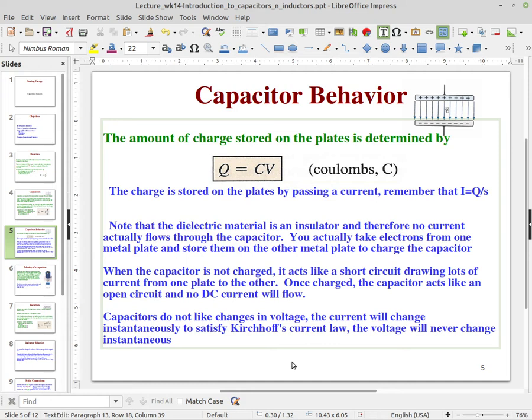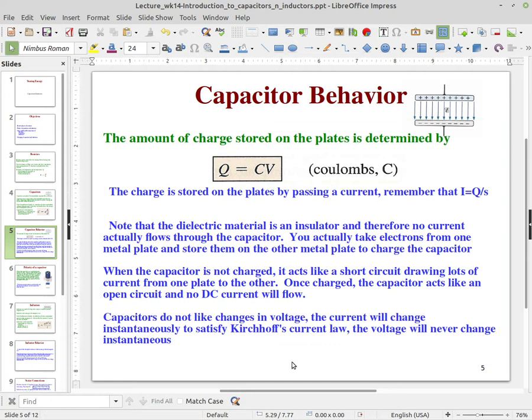Remember, we always have to satisfy Ohm's law, Kirchhoff's current law, and Kirchhoff's voltage law. But with a capacitor, Ohm's law doesn't really apply because there's no resistance here. Ohm's law says the voltage is equal to the current times the resistance.